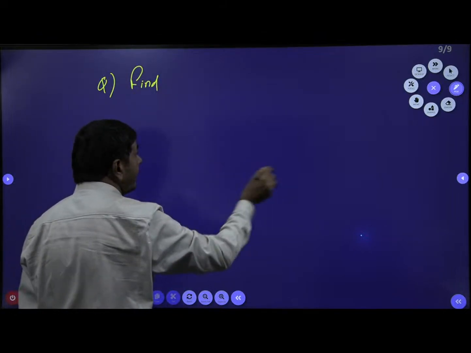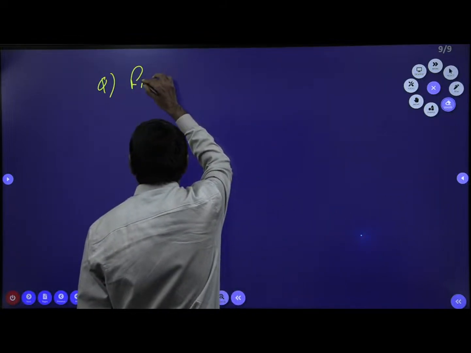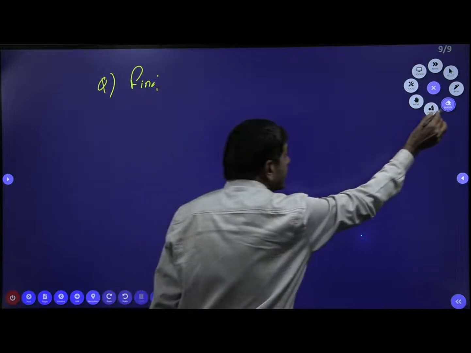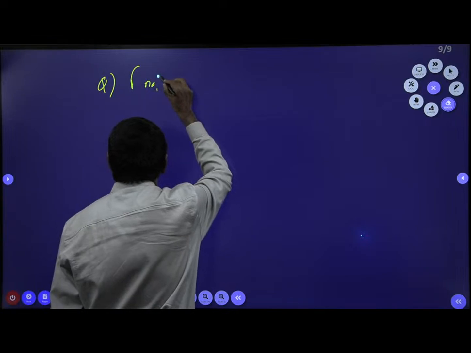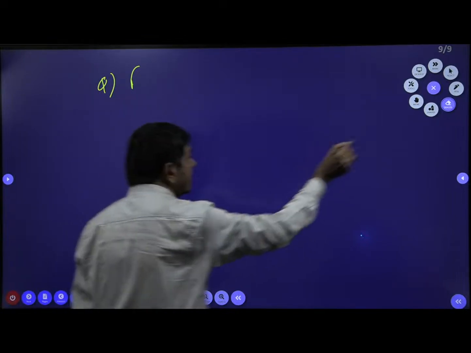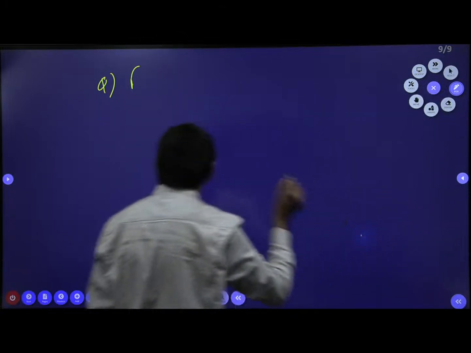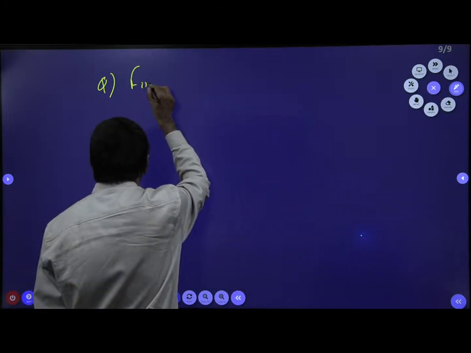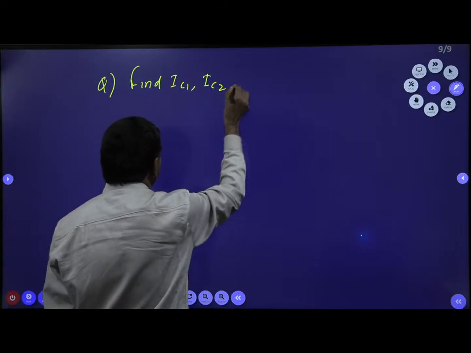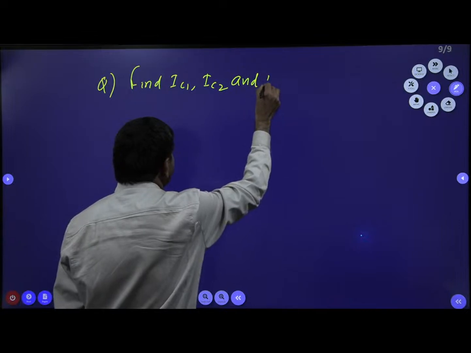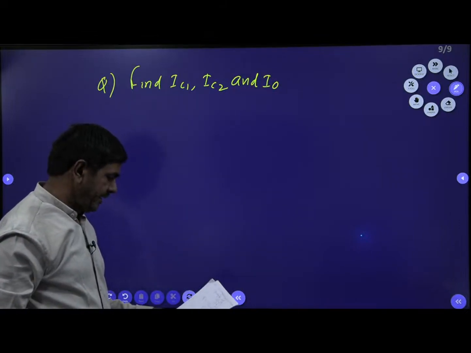It is asking to find IC1, IC2 and I0. Three parameters are required here now. IC1, IC2 and I0 is asked.